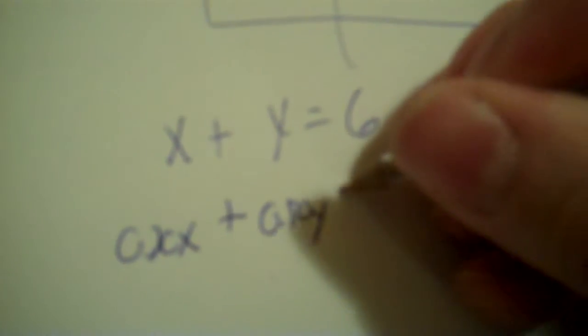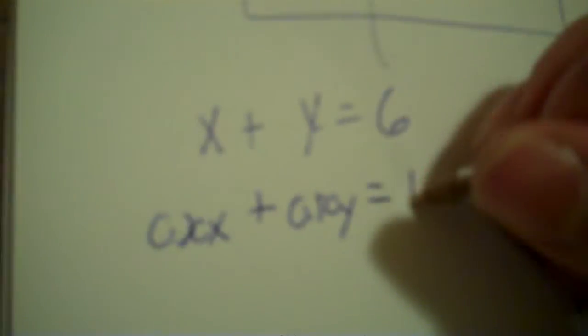We're finding 30% of 6 by taking 0.30 times 6. 1.8, and there's your other equation. Now you stack them. So x plus y equals 6, and then 0.20x plus 0.50y equals 1.8.